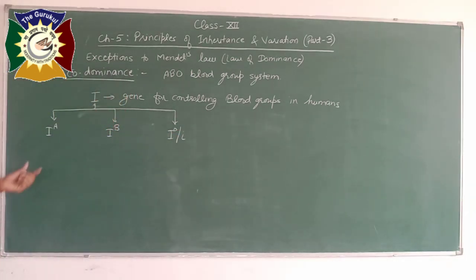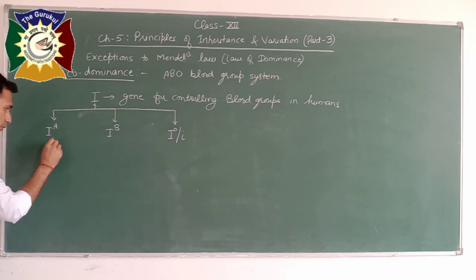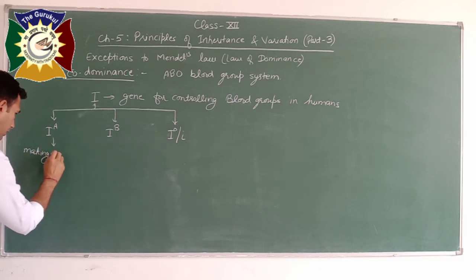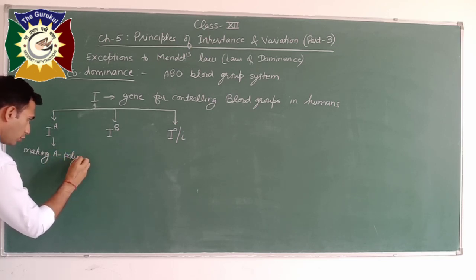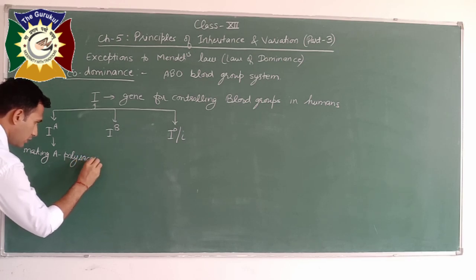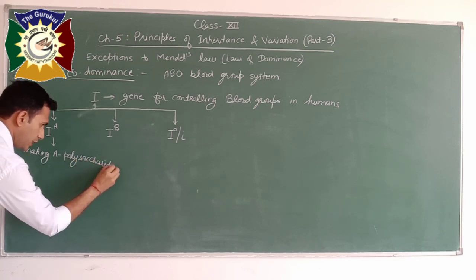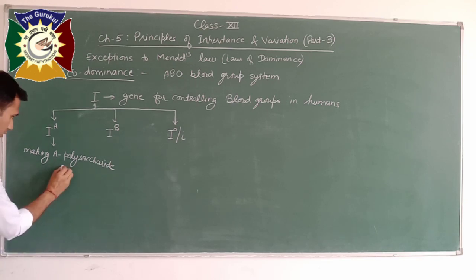So these are alleles which are responsible for making a polysaccharide. Polysaccharide means a complex sugar.